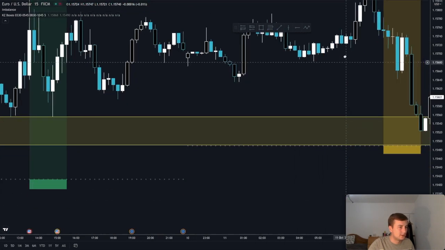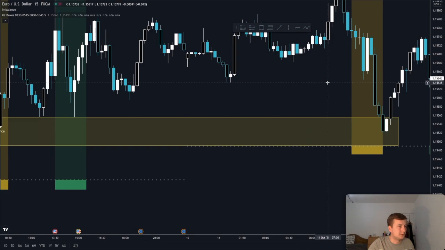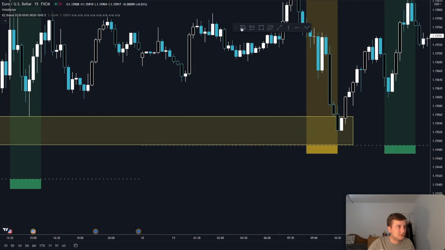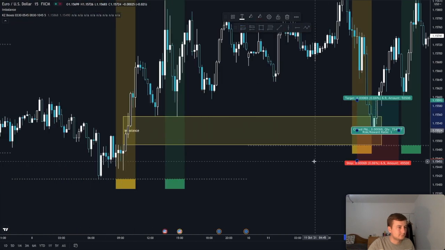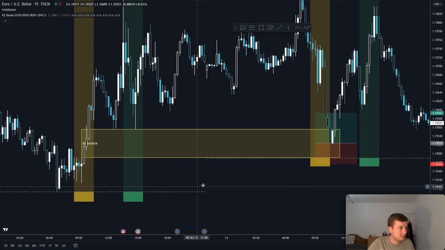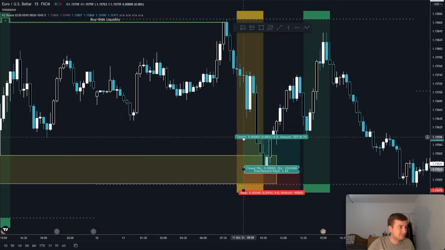Okay, and what happened? So in the morning, price came shooting down to this level where we could have entered at about 50%. And set the stop loss at the low of the imbalance. It's a 4.8 pip stop loss.